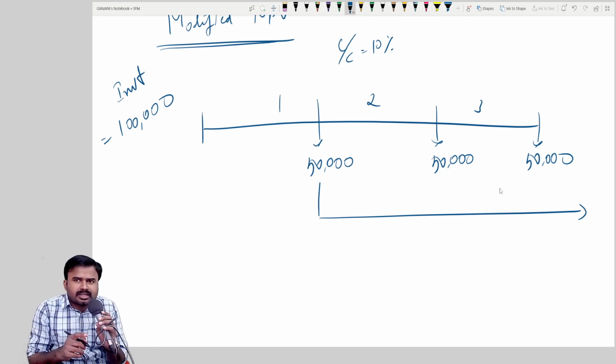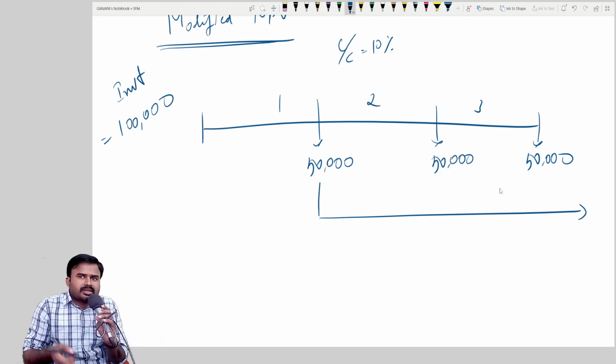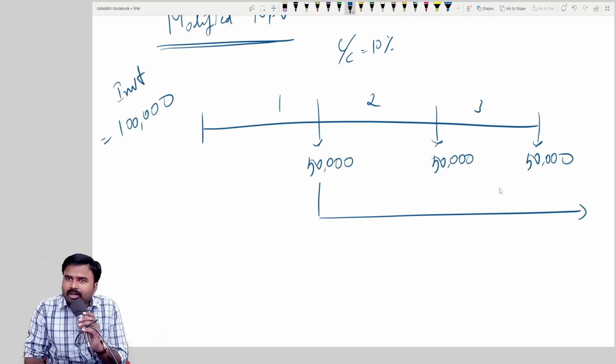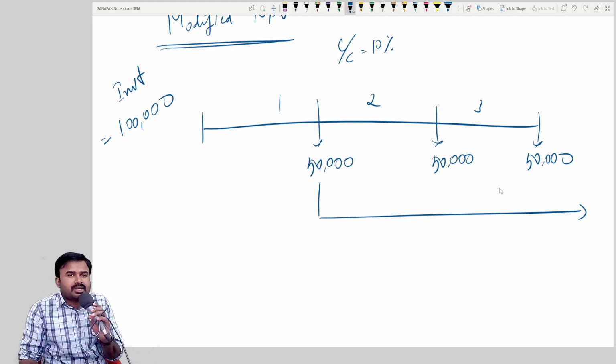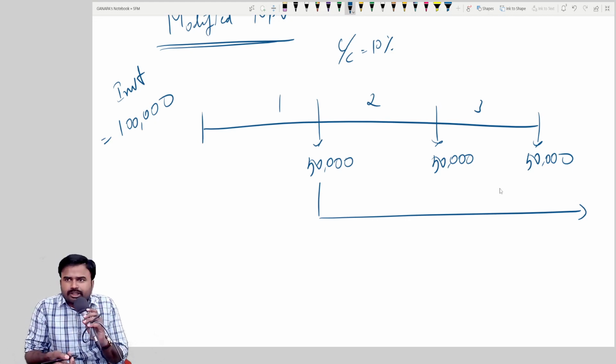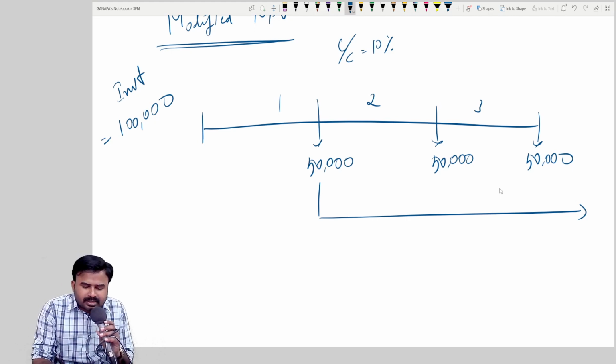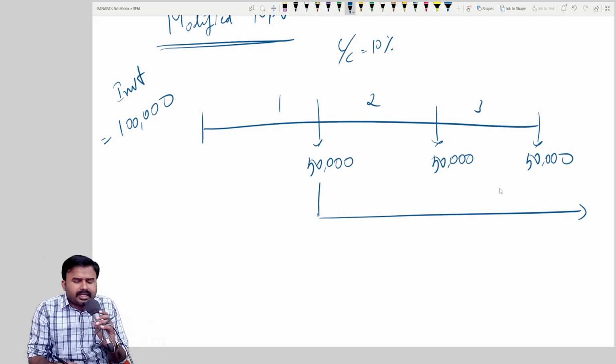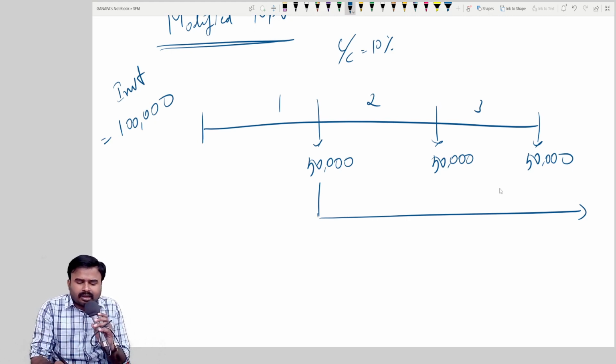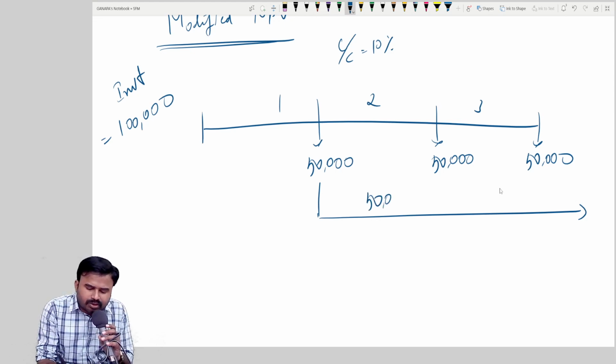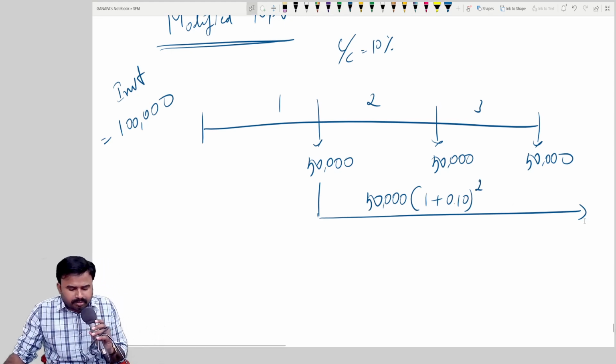That means our assumption is I can earn the same rate of return which is being expected by my long-term investors. My long-term investors are expecting 10% rate of return from the project, right? So at that rate only I can reinvest my cash inflows. In a regular situation, I'll reinvest these cash inflows at cost of capital: 1 plus 0.10 whole to the power of 2. Please calculate it.